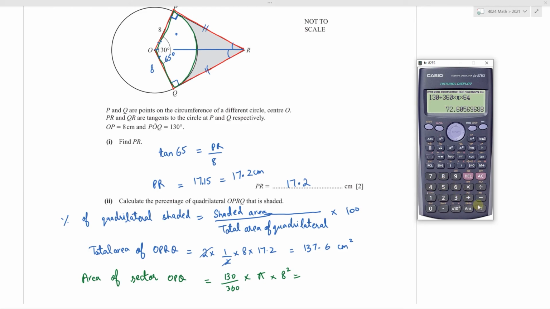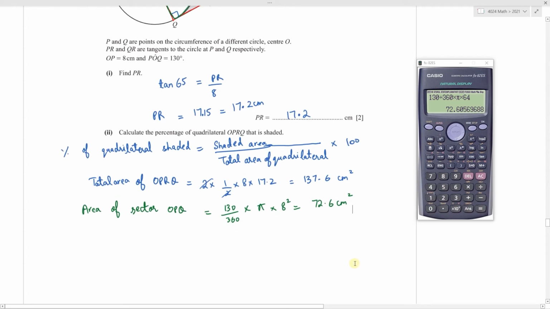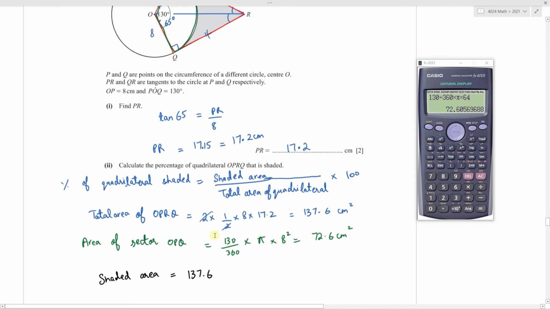so this is 72.6 centimeter squared. So now my shaded area will be the total area of quadrilateral OPRQ, 137.6.